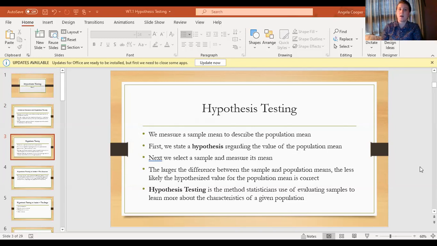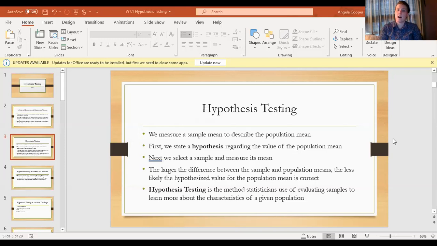I'll get into those. But we state the hypothesis regarding the value of the population mean. We select a sample and measure its mean. The larger the difference between the sample we have and the population mean that we're hypothesizing, the less likely that value that we got for the population is correct.